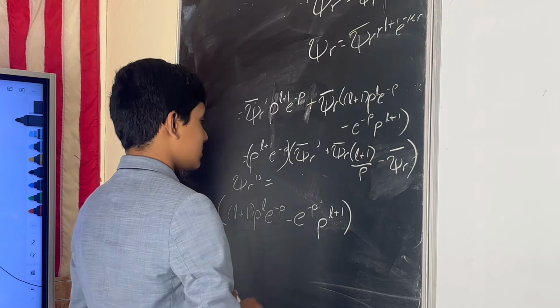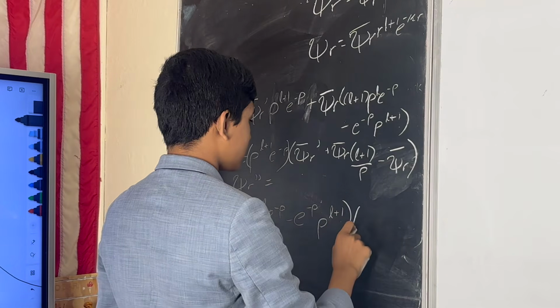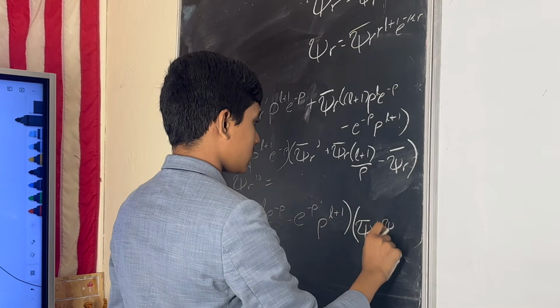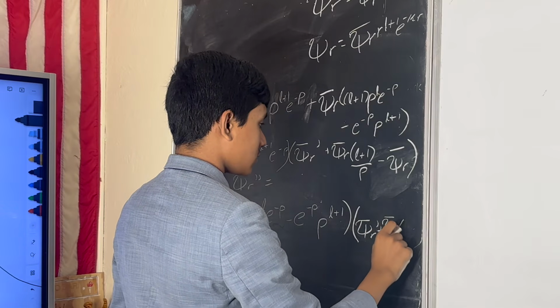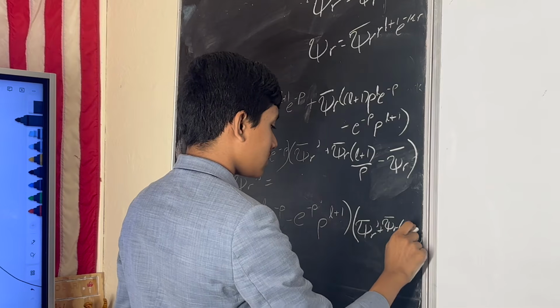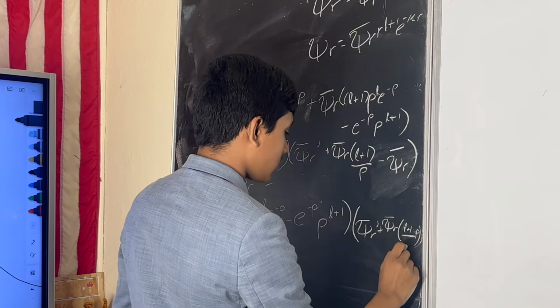And that's just the side that has this with the derivative. (L plus 1 minus rho) over rho.